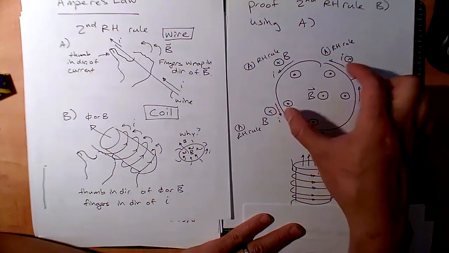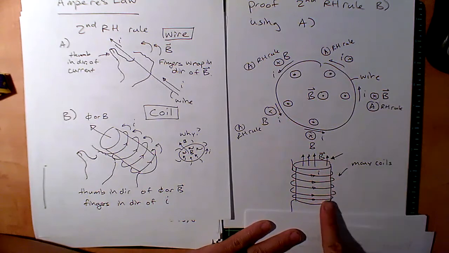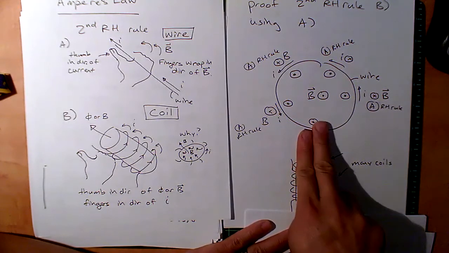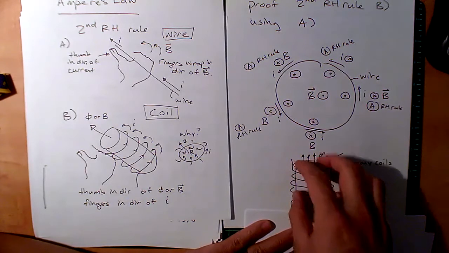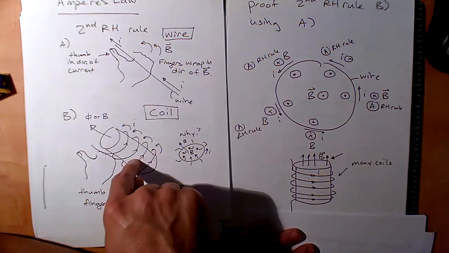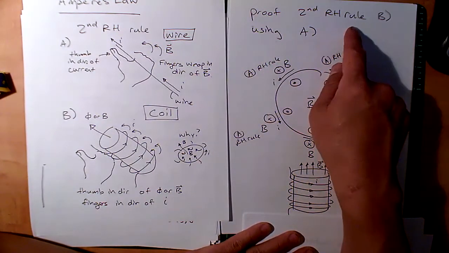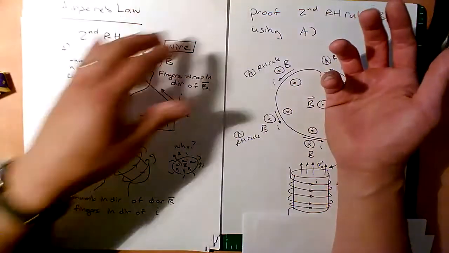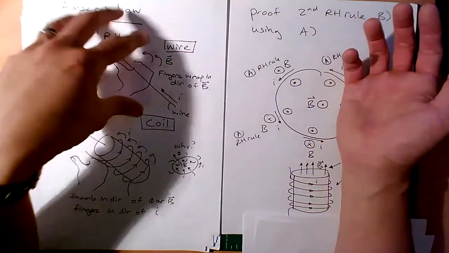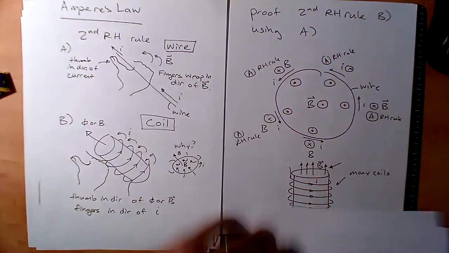If I were to stack this loop on top of others, inside here, all these loops are generating flux density that is going up. That's why the overall behavior looks like this one. So this is not quite a proof of the second rule. It's like a visual justification of why this one is actually supporting this one. All right, good.